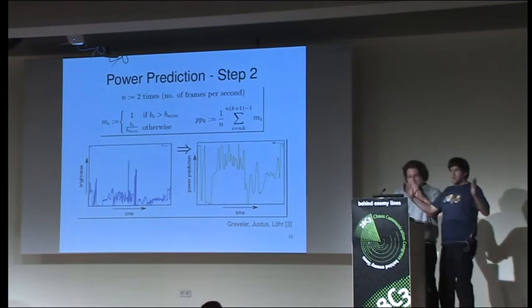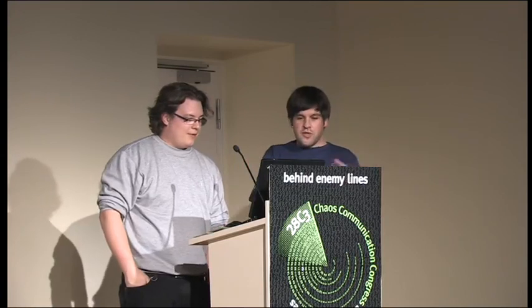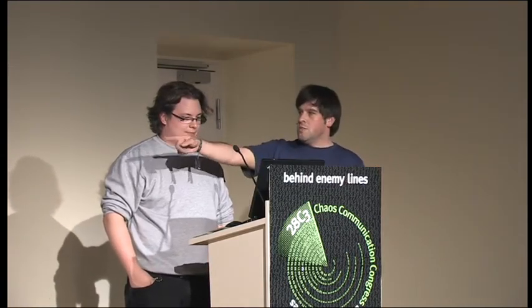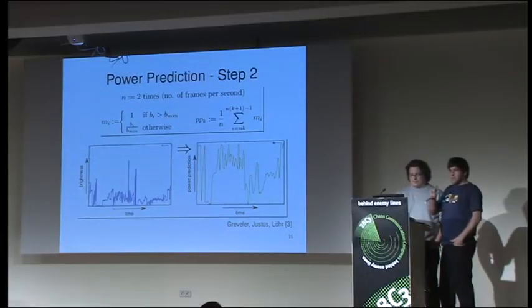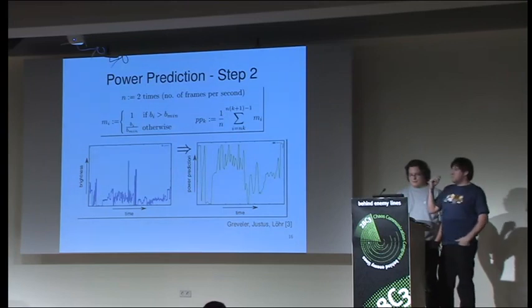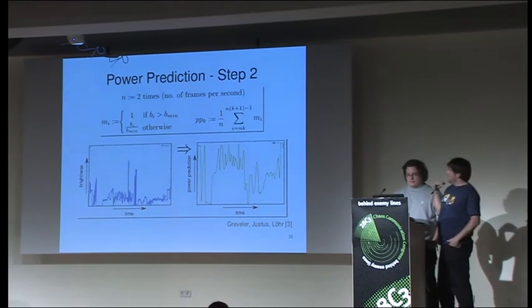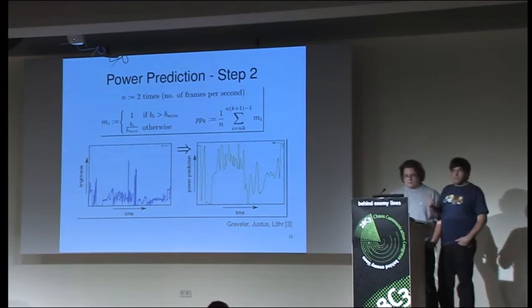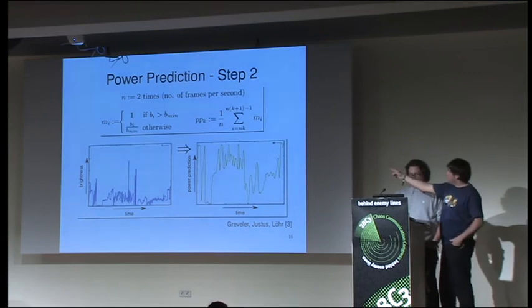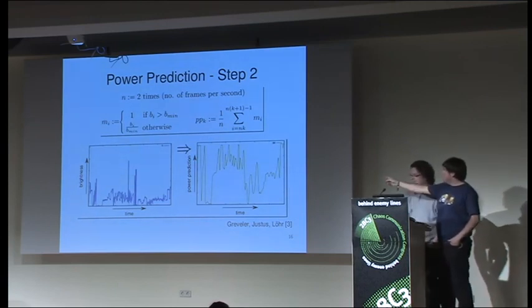So you take the whole film or film chunk of 5 minutes, and you see the brightness over these 5 minutes. Then, as the power meter sees the power consumption during this whole 5 minutes, you predict the power consumption based on this, with this nice fancy formula up there, and you get the green one.